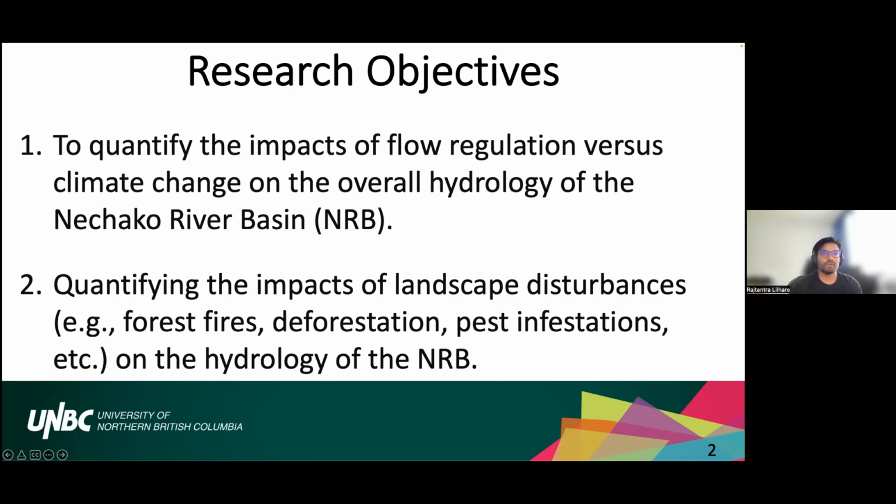Therefore, our research objective is to quantify the impacts of flow regulation versus climate change on the overall hydrology of the Nachako River Basin. The second objective is to quantify the impacts of land cover disturbances, for example, forest fire, deforestation, pest infestations, etc., on the hydrology of the Nachako River Basin.